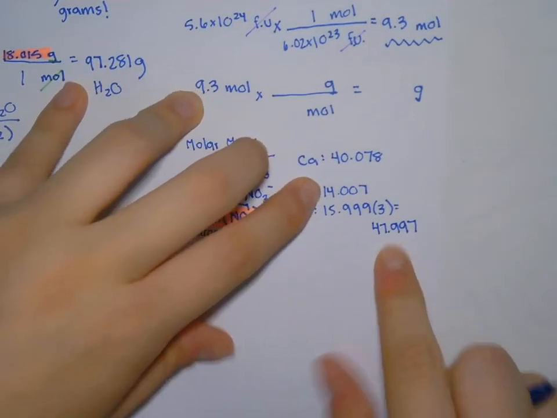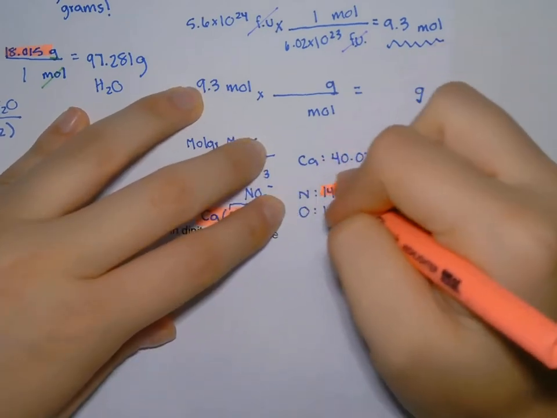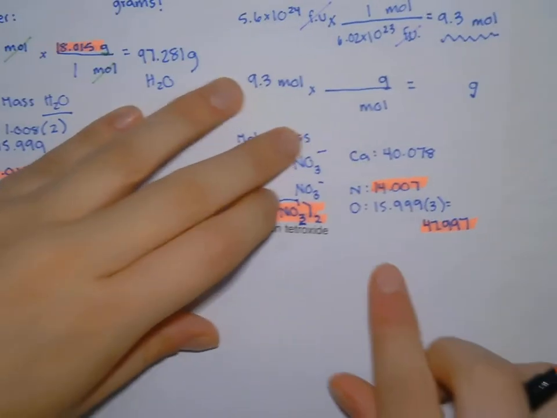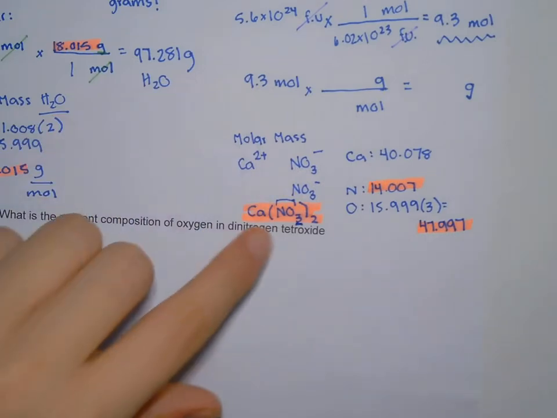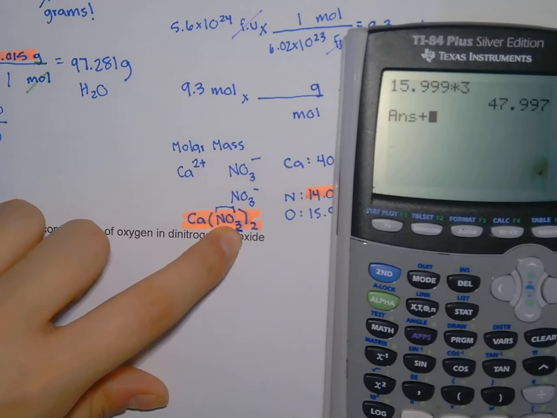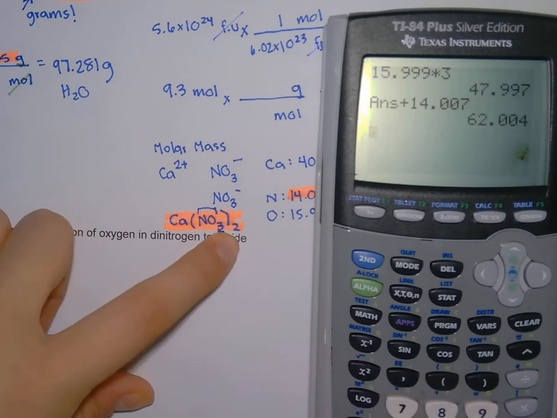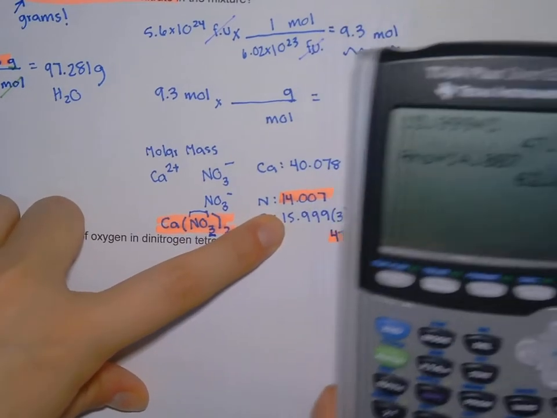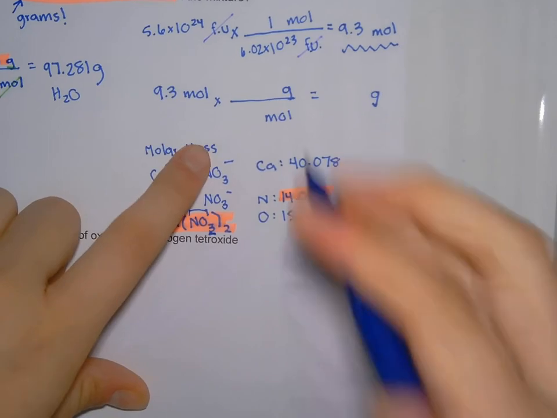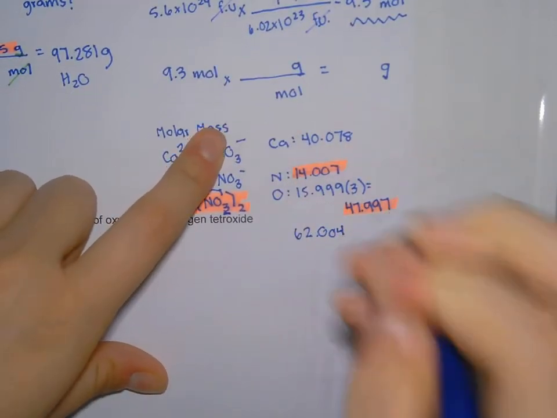And now I can add both of these values together, the 14.007 and the 47.997, so that I can find the molar mass of just NO3. Cool, and that is the molar mass of NO3, 62.004.